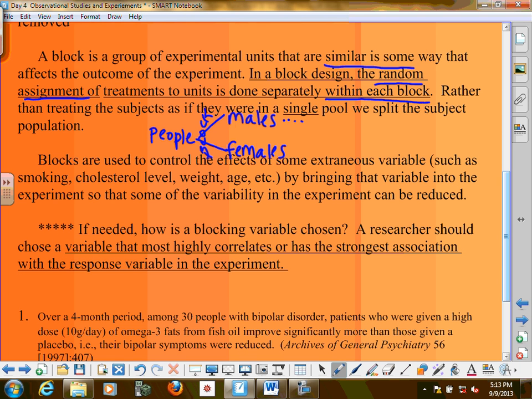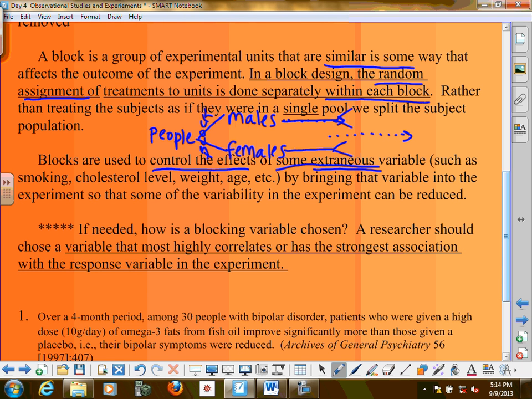So I'm going to do this experiment, and I'll have to divide into sections. I'm basically running two parallel experiments, one for the males and one for the females. We're doing this to control the effects of an extraneous variable. In this case, with males and females, it could be the hormones.